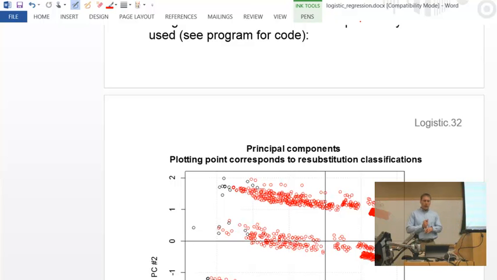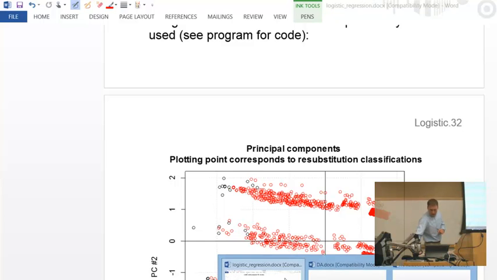Now, both with discriminant analysis and also nearest neighbor classification, a way to look at how these methods were working in terms of classifying these observations was to run a principal component analysis, plot the principal component scores, and color the corresponding plotting points by the actual classifications themselves.